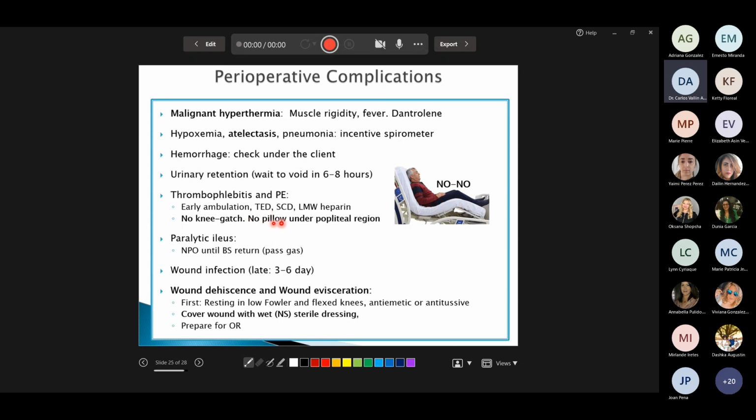And placing a pillow under the knee, in the posterior part of the knee, this part is called the popliteal area. The hole that you have behind your knee is called the popliteal area. There you have a deep vein that is easily compressed if you put a pillow there or you elevate the knee gatch. No, don't do that.